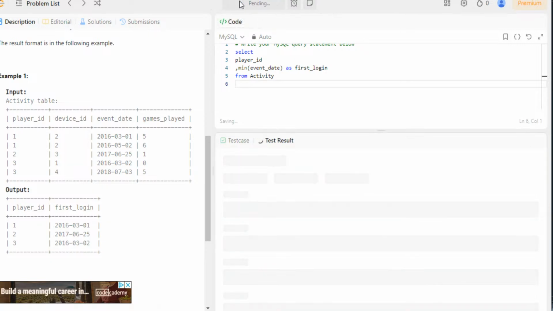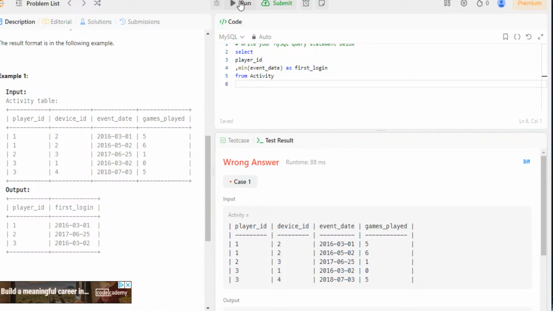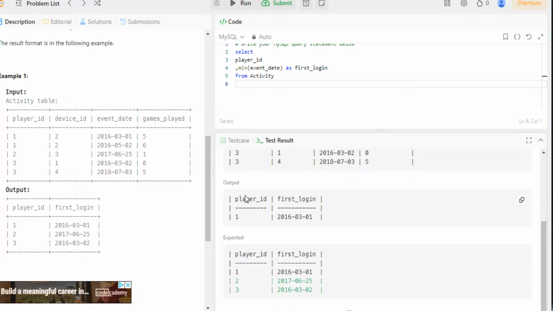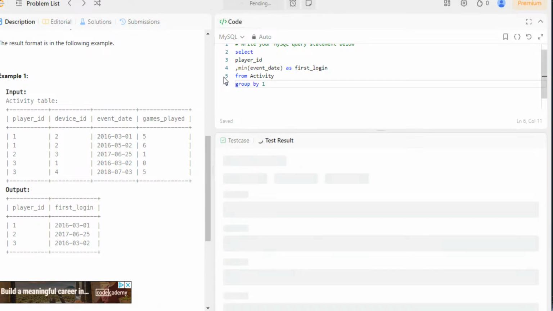Anytime you have an aggregate function, meaning I'm joining, I'm compressing, it just compresses everything. It just finds the minimum, the lowest here. But I don't want the absolute lowest. I want to include all of them. So that's why I do group by. And then group by one. All right, there we go.